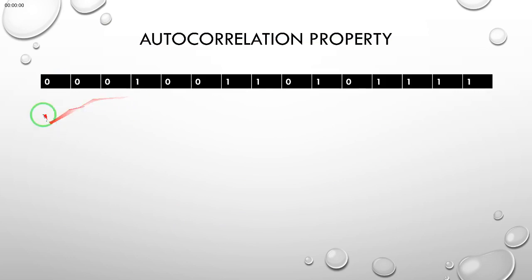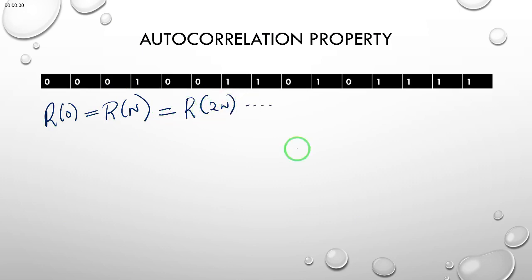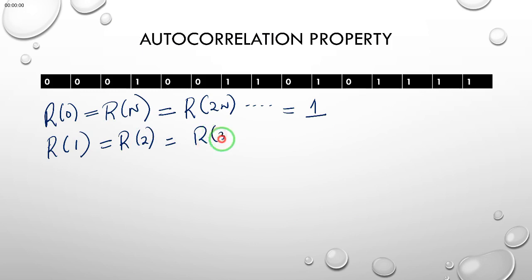The summary of what we have done is as follows: the autocorrelation with 0 delay is equal to the autocorrelation with a delay of n pulses or n symbols, and is equivalent to the autocorrelation with 2n symbols, and this will always be equal to 1. But the autocorrelation of delay 1, delay 2, delay 3, all these are going to be equal, and they're always going to be given by -1 over n.